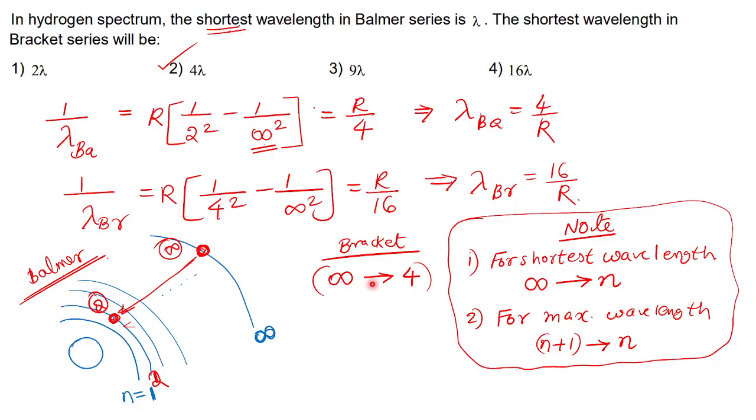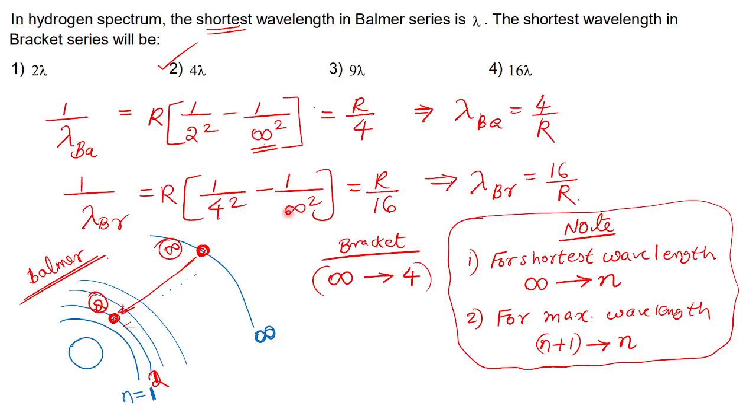So if such jumping takes place, the photon will be emitted, and the wavelength is given by 1 by lambda corresponding to the Brackett series. 1 by lambda equal to R into 1 by n1 square minus 1 by n2 square. n1 and n2 will be 4 and infinity.